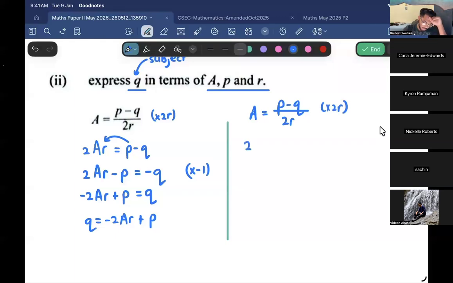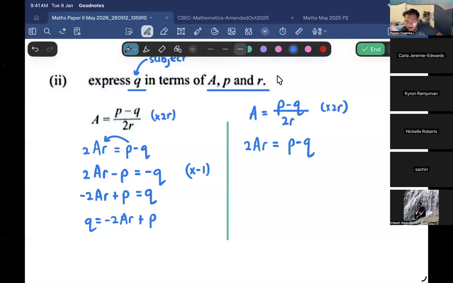Right. Good. And what will I end up with on your right-hand side? Tell me, Vinesh. If I divide it by 2r and I multiply by 2r, what happened with those 2r's? It will cancel out. Exactly. So what's the only thing on your right-hand side then? P minus q. Correct. P minus q.